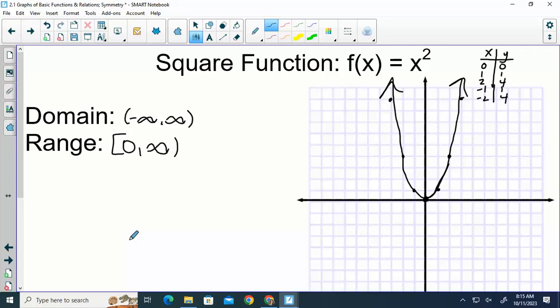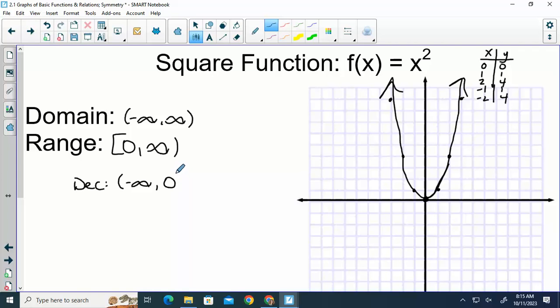I can draw the whole thing without picking up my pencil. What if I asked about increasing, decreasing, constant? What's happening on this one? Is it just one thing? No. What's my graph start out doing? Decreasing. So we could say it's decreasing from negative infinity to 0.